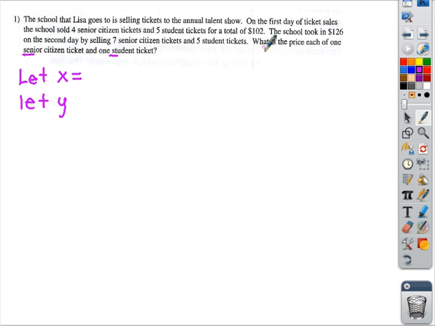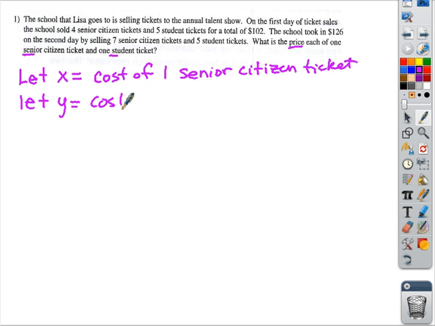So you have to be really careful. What is the price? So let X equal the cost or the price of one senior citizen ticket. And then let y equal the cost of one student ticket.